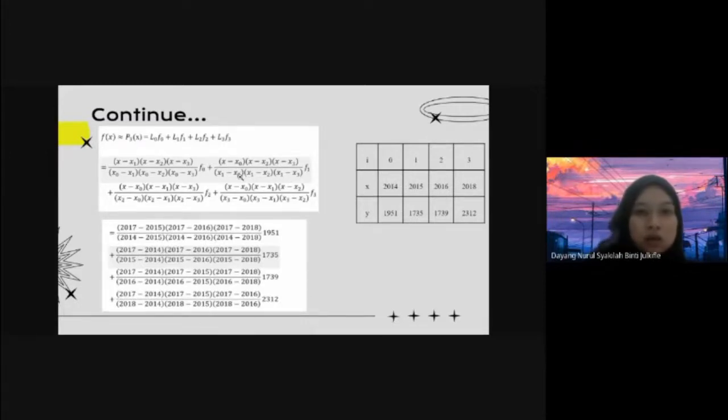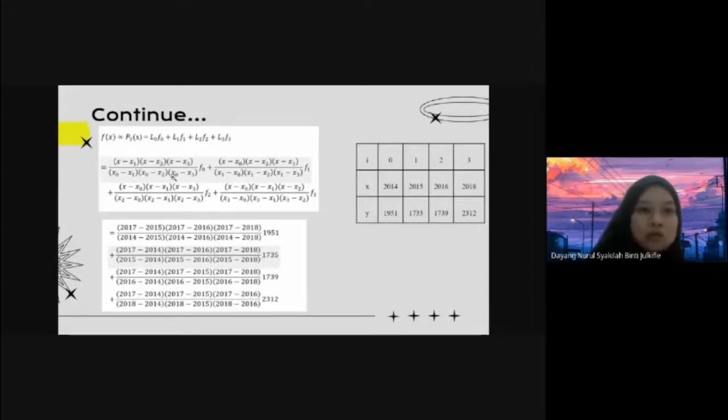All of these values we multiply together, then this numerator is divided by the denominator, and then we multiply by f1, which is the value of y1 right over here, 1735.